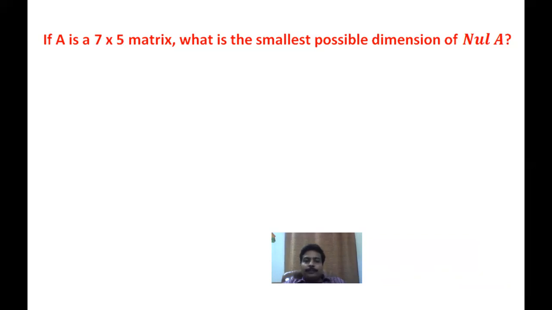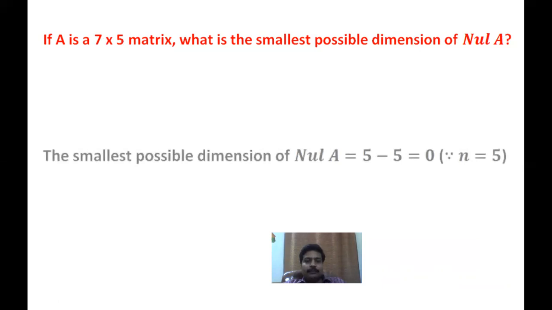Rank A is 5 and n is also 5 here. So the smallest possible dimension is 0. 0 is also possible.